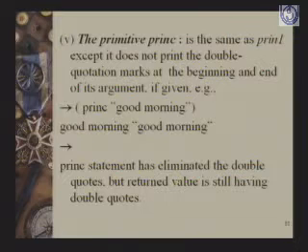There is another command for printing values, which is prints. Whenever its argument is double quoted, that is, it is a string, prints will actually remove the double quotes. So you can see prints good morning.